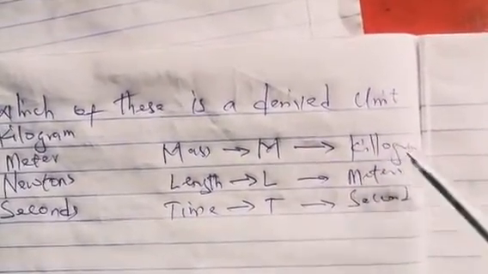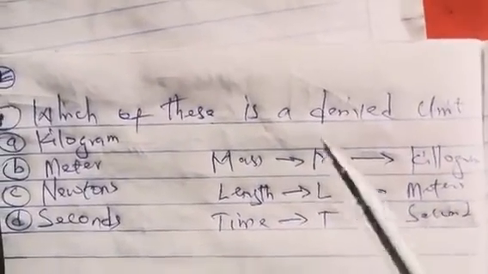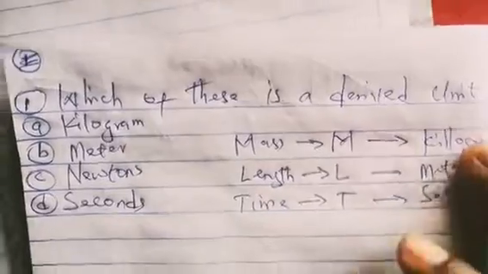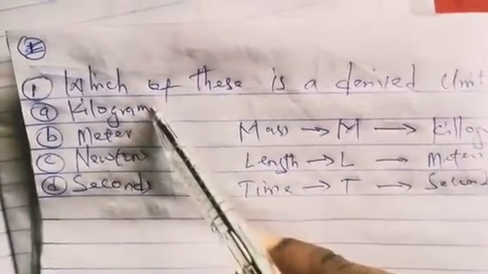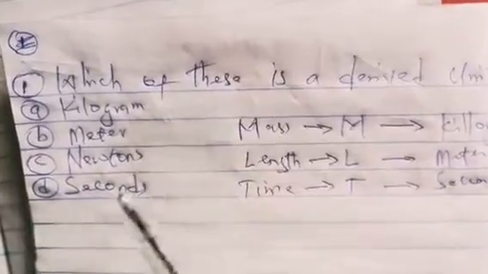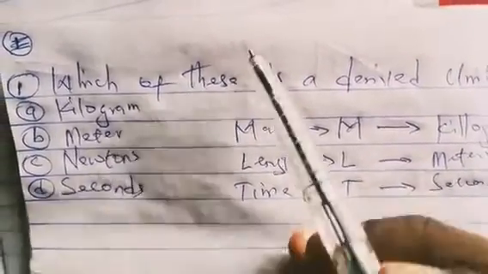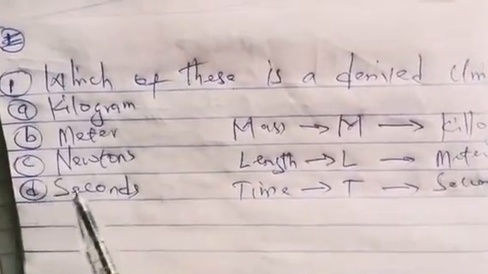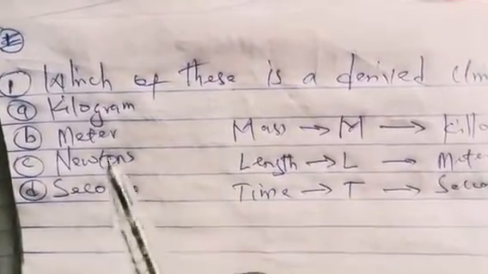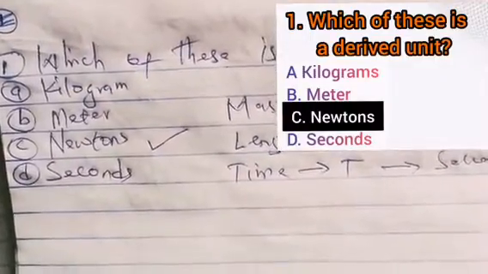Every other unit outside these is called a derived unit. On the options, kilogram is a fundamental unit, meters is also a fundamental unit, and option C, Newton, is not a fundamental unit, hence it's a derived unit. So the correct option is option C.